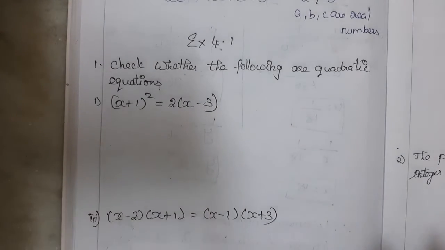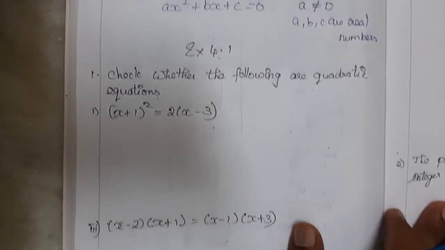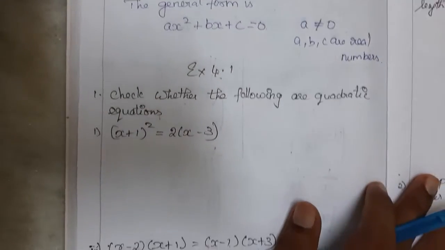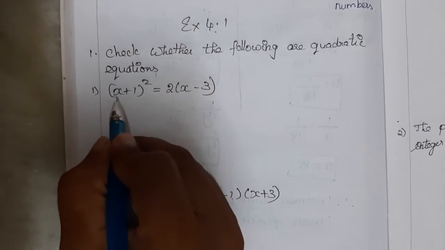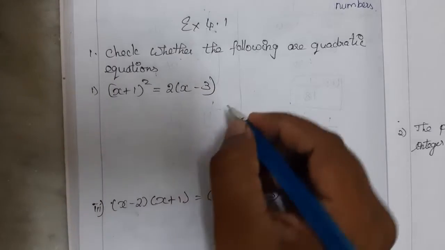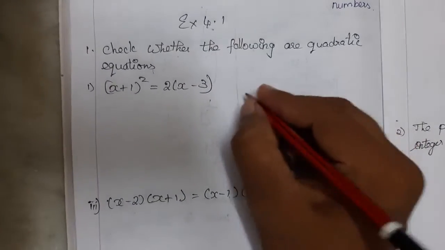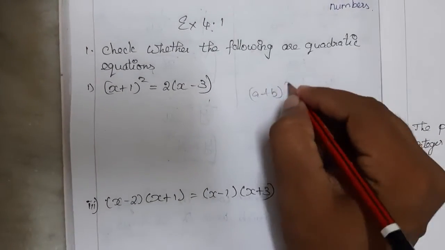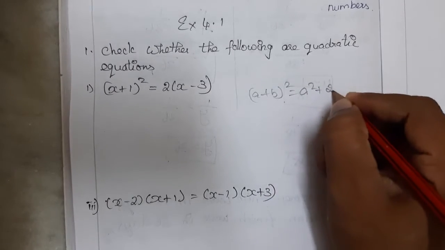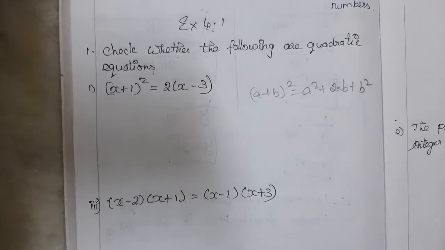By simply seeing we cannot decide; we have to simplify to this form and then decide whether it is a quadratic equation or not. Here is (x plus 1) the whole square, which is the (a plus b) the whole square formula. (a plus b) whole square is equal to a square plus 2ab plus b square.